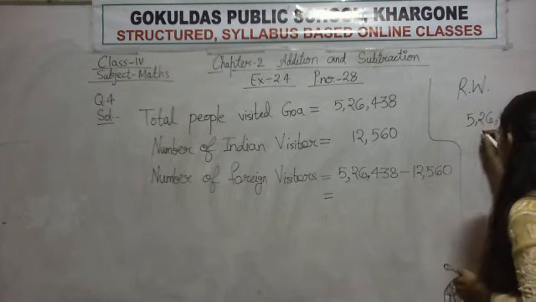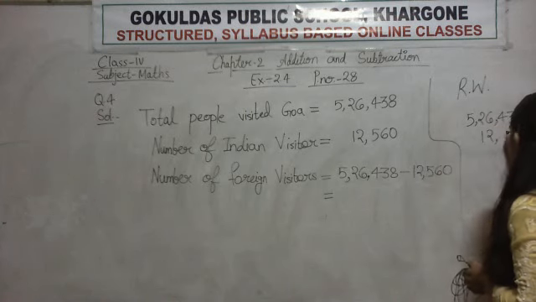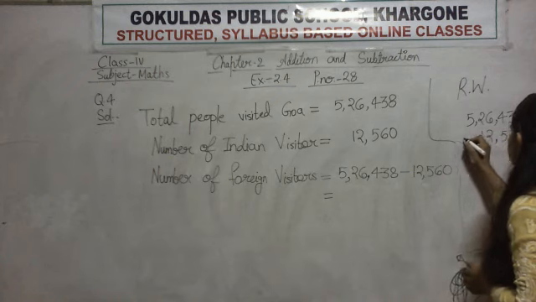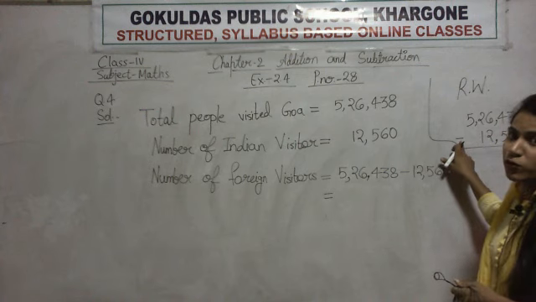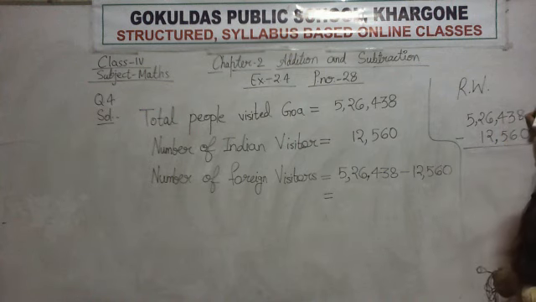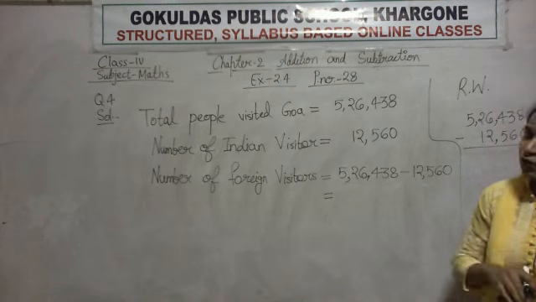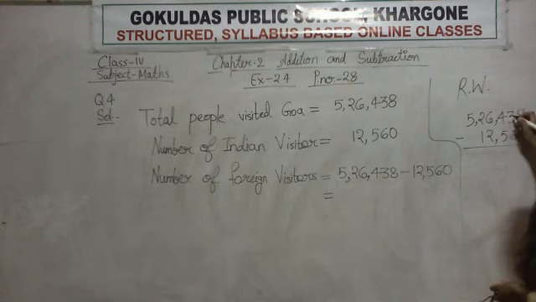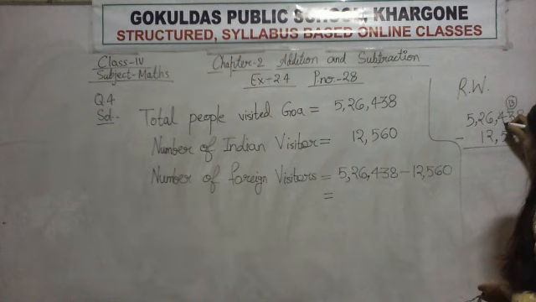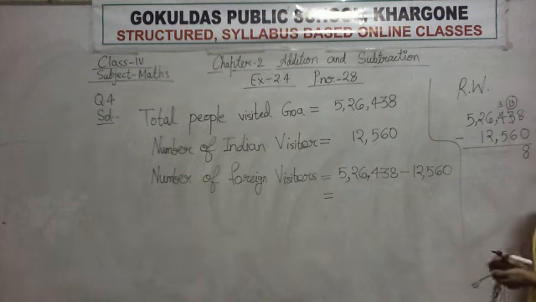Then the next number is 12,560. I put the symbol, do not forget to put the symbol. Now subtract 8 minus 0, 8. 3 minus 6, you cannot subtract 6 from the 3. So now take borrow from the neighbor, it becomes 13 as it takes borrow, and the neighbor becomes 1 less.